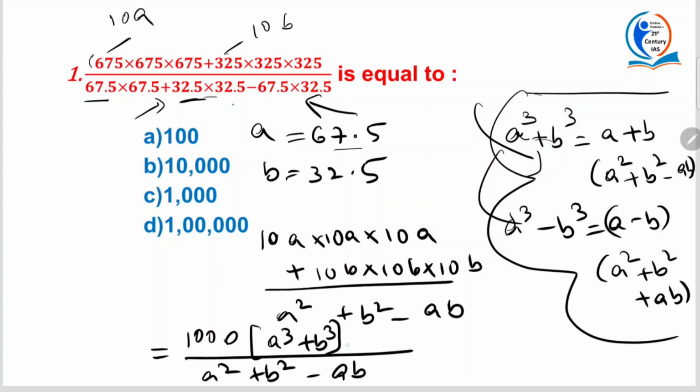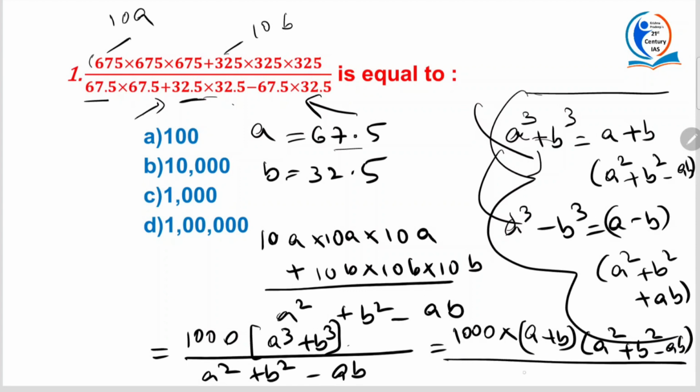Okay. Now, what is a cube plus b cube? It is a plus b into a square plus b square minus ab. So, this will become 1000 into a plus b into a square plus b square minus ab by a square plus b square minus ab. Alright, this and this will get cancelled.